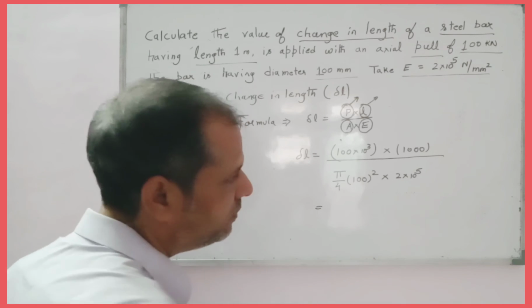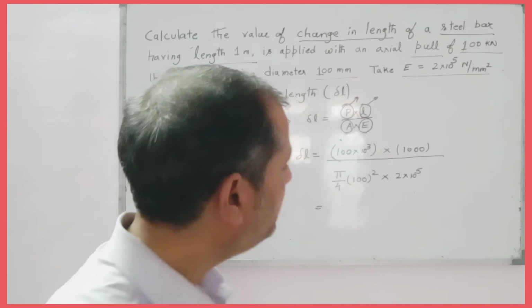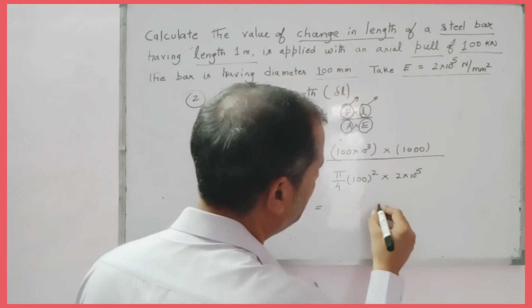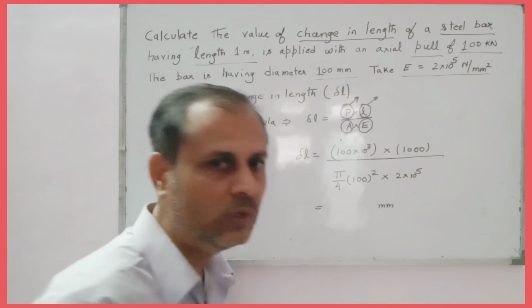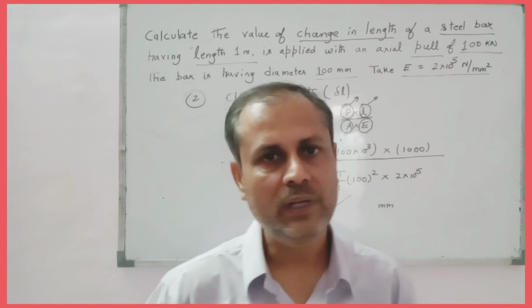The change in length of the member will come out to be in mm, because we have converted all the units into Newton and mm. So we can easily find out the change in length of the member.